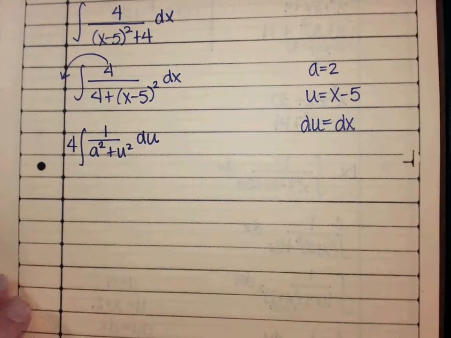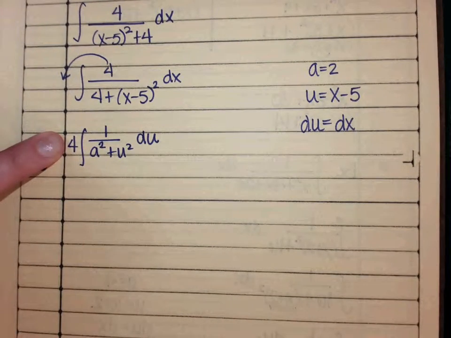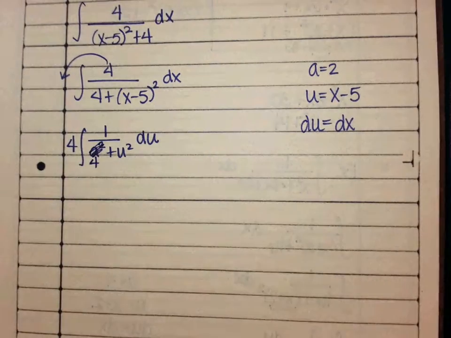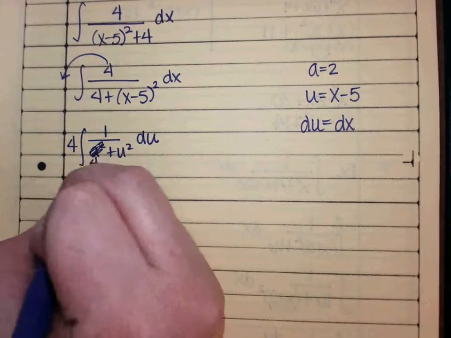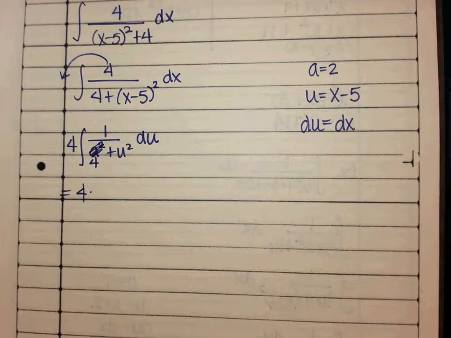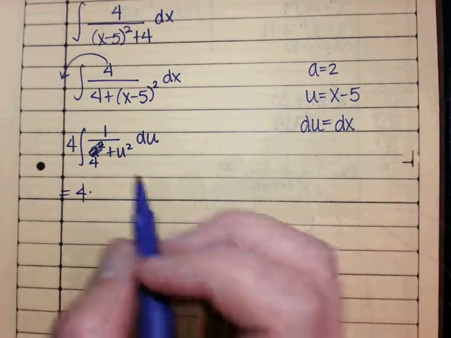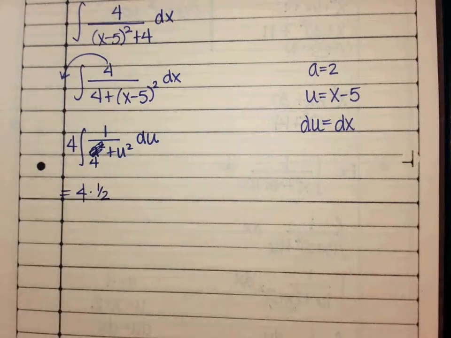Now, keep in mind, your 4 is going to be sitting there in the front. Oops, I meant to still keep that 4, sorry. I was just thinking of the formula. Okay, so it would be 4 in the front. What's my 1 over a? Did you say 1/2? Yeah, 1/2 inverse tan.